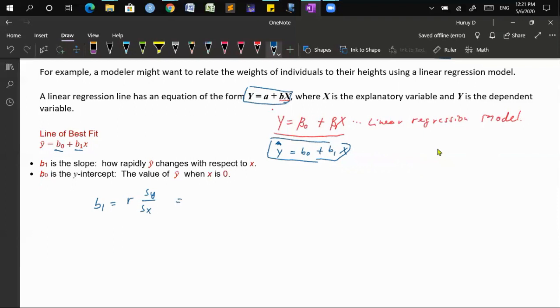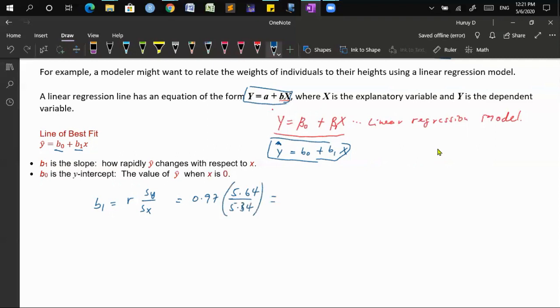So for example, in our case, r is approximately 0.97, sy is 5.64, if I'm not mistaken, and sx is 5.34, I think.